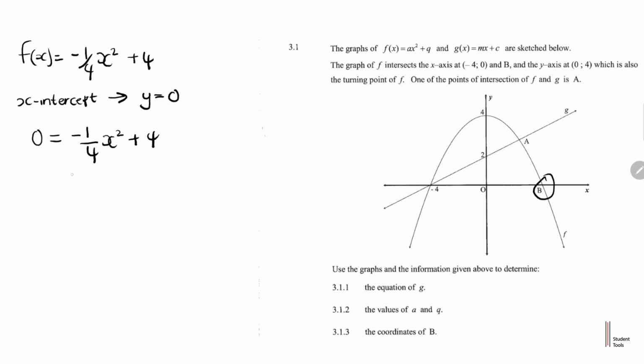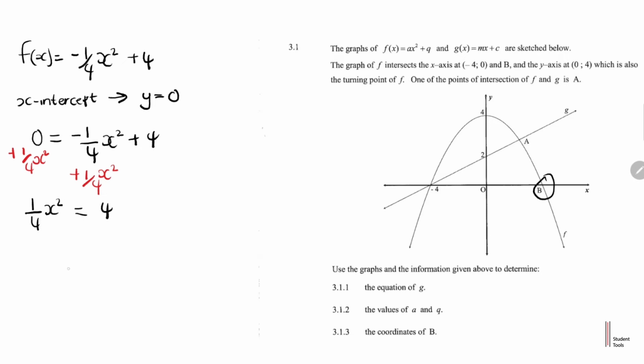So we'll do that by adding 1 over 4x squared. So this side will also add 1 over 4x squared. Why? Because it's negative on the right hand side. Such that here we will have 1 over 4x squared equal to positive 4.